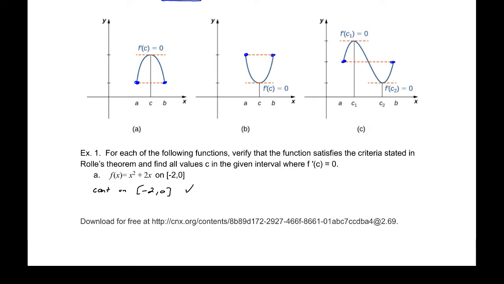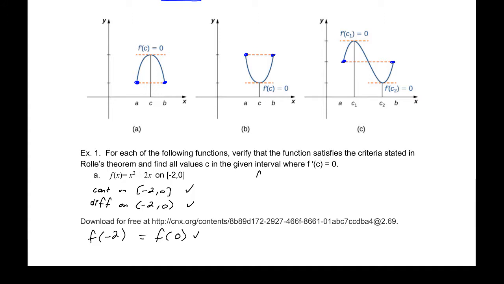Yes, it is a quadratic, so it is continuous on that interval. It is differentiable everywhere, and specifically on that interval. And is f of -2 the same as f of 0? It is, because those are both zeros of this function, so both values are 0.